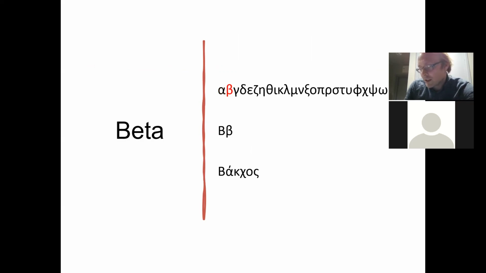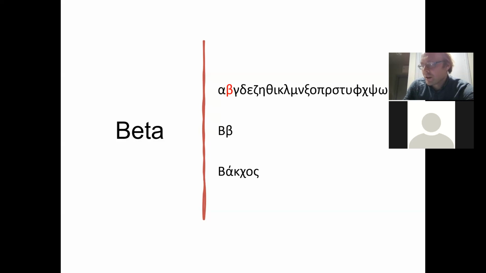Beta is the second letter in the Greek alphabet, and beta is the first letter in the word Bacchus, which is the epithet of the wine god Dionysius. The next letter is gamma, which stands for a G sound, or in some contexts also for an ng sound.